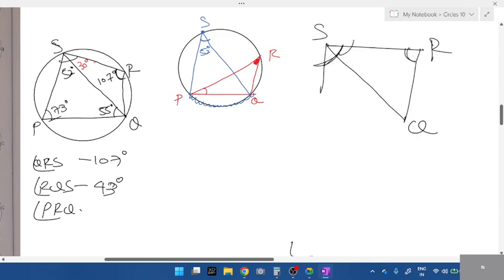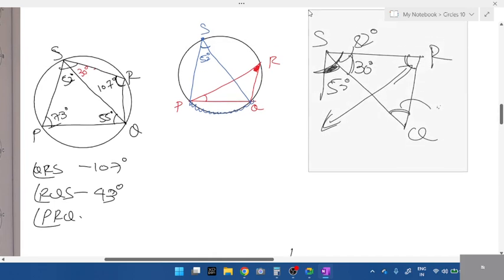Because the entire angle S was given as 82, and we found one part of the angle as 52. What was the other part? 30 degrees. That's how we found angle Q using sum of interior angles. We found angle R using the sum of opposite angles equal to 180. So that is how we have to relate.